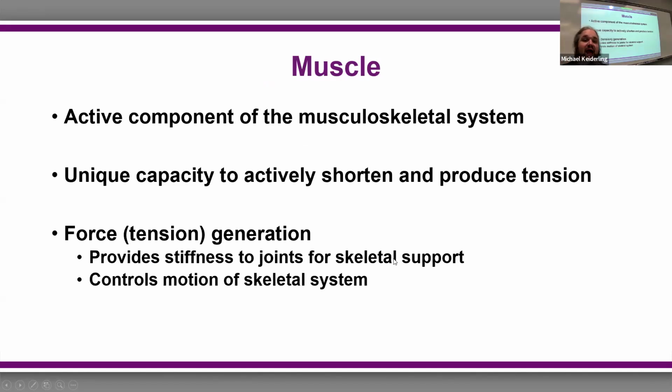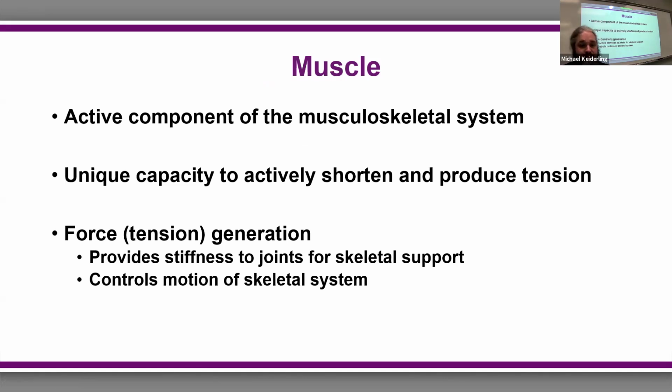So muscles are the active component of the musculoskeletal system. They're what actually causes things to move, whilst bones are the passive component. They have a unique capacity to actively shorten and produce tension.